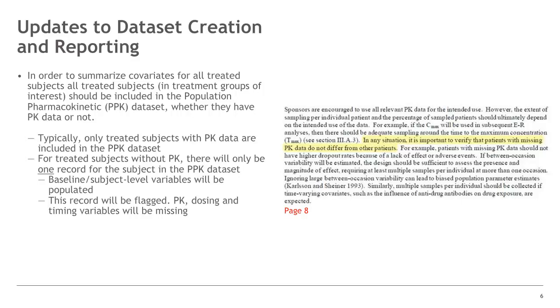So maybe in the appendix, what we're thinking is to only summarize the flagged, the treated subjects without PK separately, and we already have the one with the full covariates with no flags in the body. So we can go with that approach, or we could do side by side within the body of the report. But let's open it up for others' opinions on how best to address this.